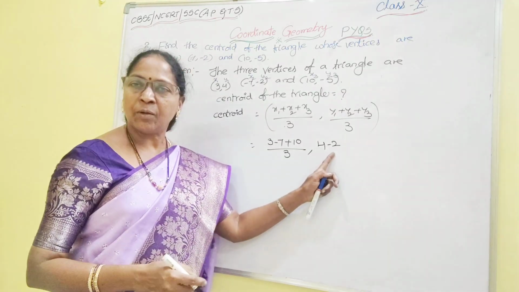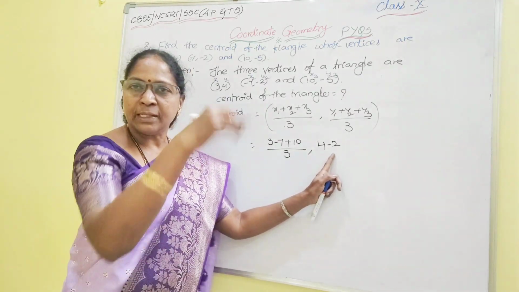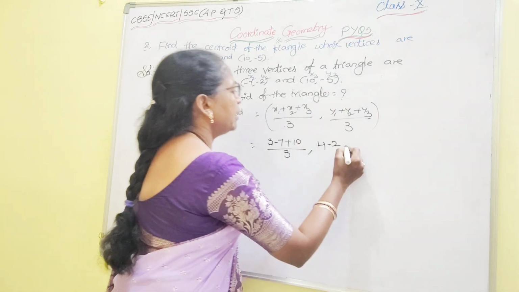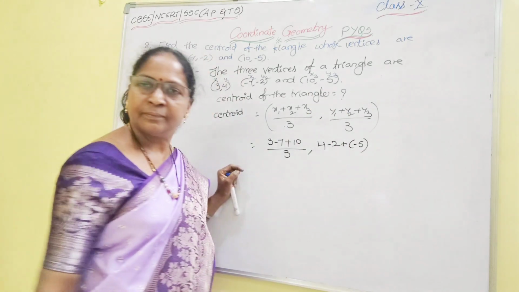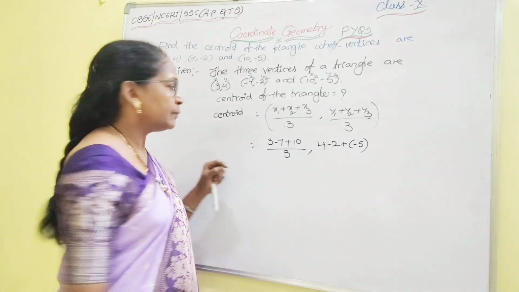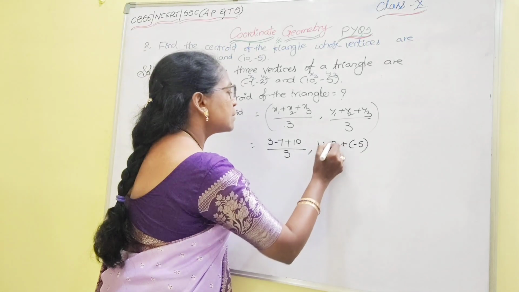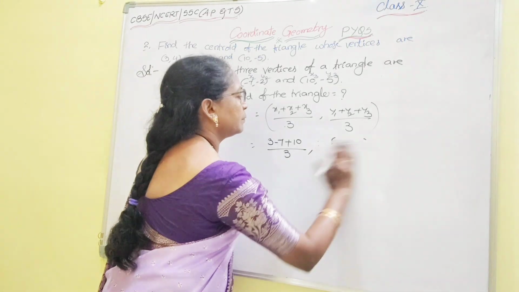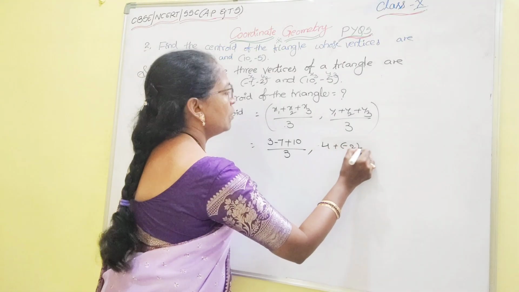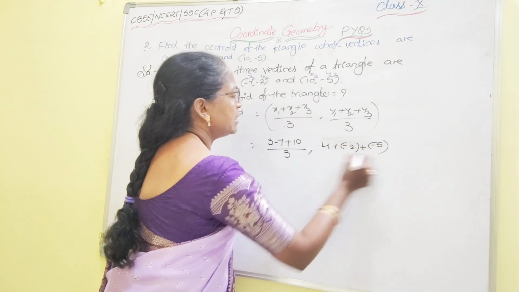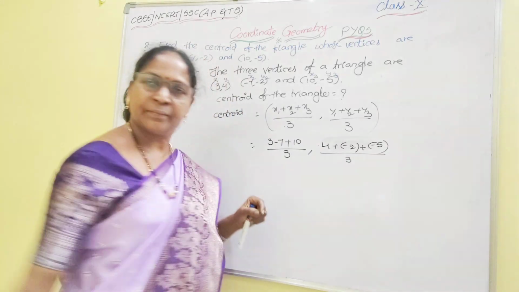Due to that, I am not representing here plus into minus 2. Plus y3, here actually you have to write like this. Plus of minus. Here also plus of minus. 4 plus of minus 2 plus of minus 5. This is the actual substitution.